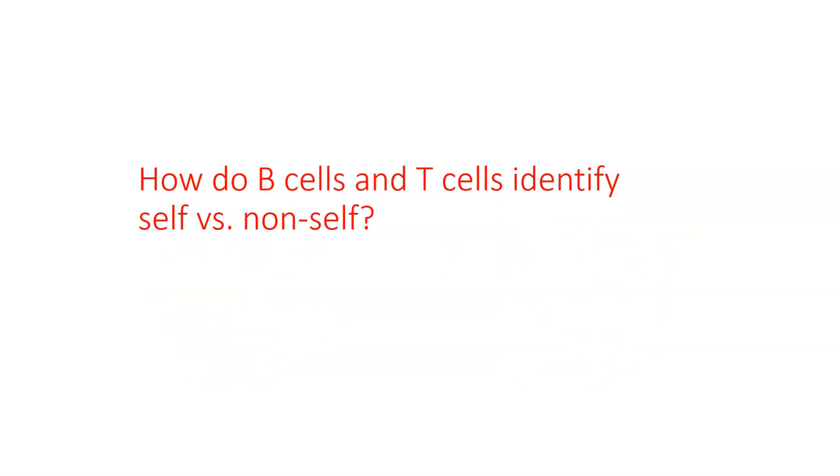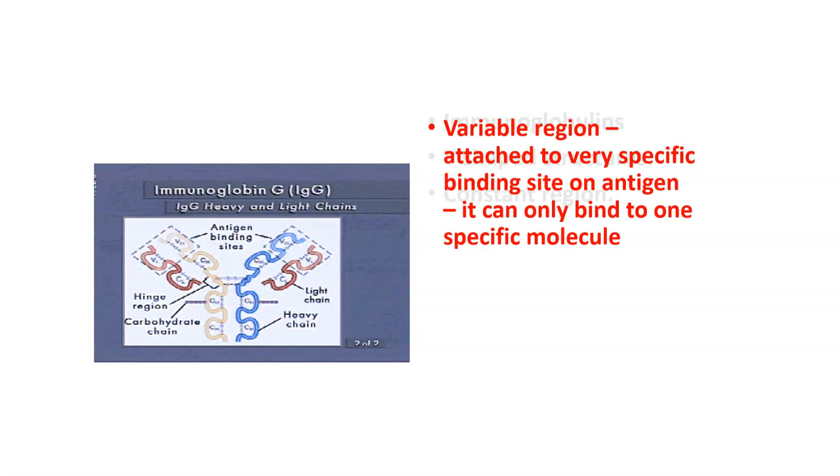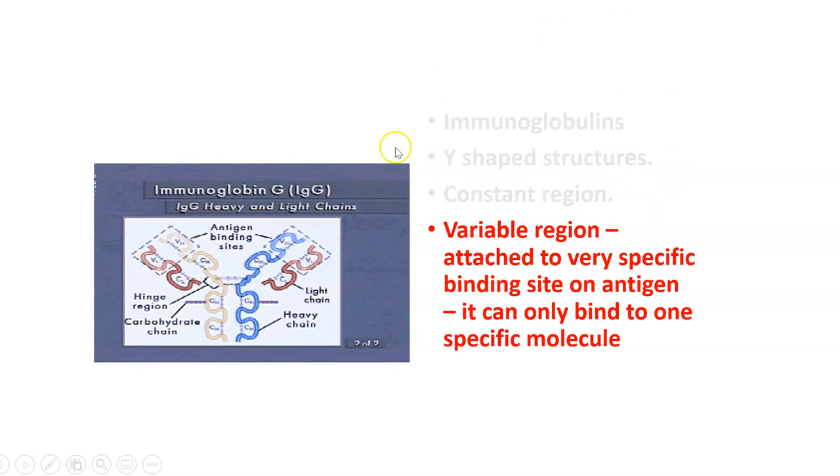So how do B cells and T cells identify self versus non-self? Okay, you've heard of antibodies. The technical word for antibodies is immunoglobulins. They are Y-shaped. We did these when we did blood typing. Don't worry about the constant region or the variable region. Remember, at the ends of the Y's, they had different shapes.